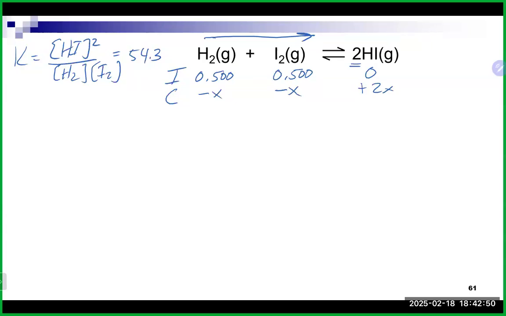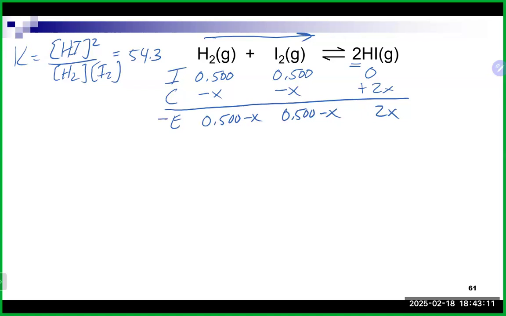Bringing this down here: 0.5 minus x, 0.5 minus x, and a 2x. Questions on the ICE table here? So again, really in these calculations, the goal is to solve for x. To do that, we're going to take our equilibrium line and put it into our expression.